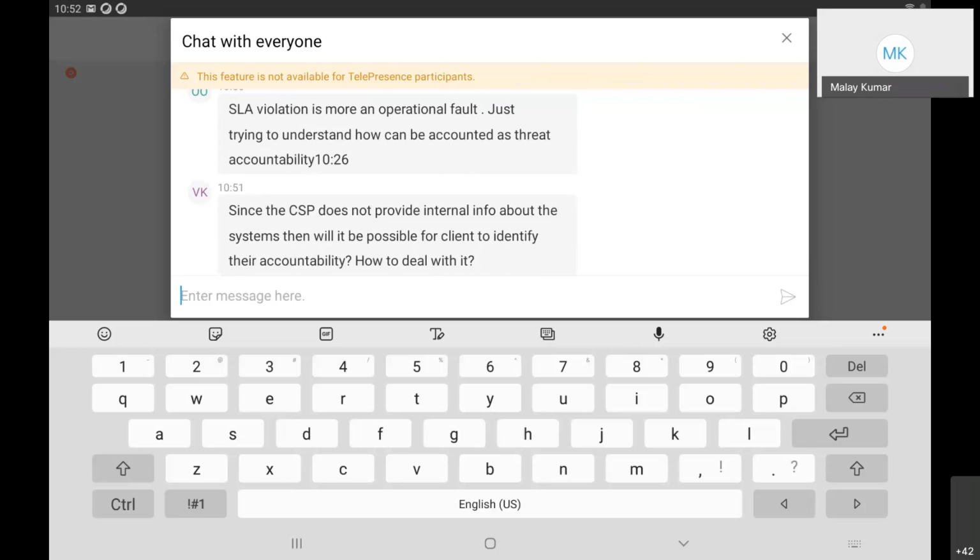Let's say the provider has committed to the user that it will provide confidentiality and integrity of data up to 100%, or up to 99.9999%, but still a violation happens and data is manipulated or becomes unavailable due to a cloud outage.